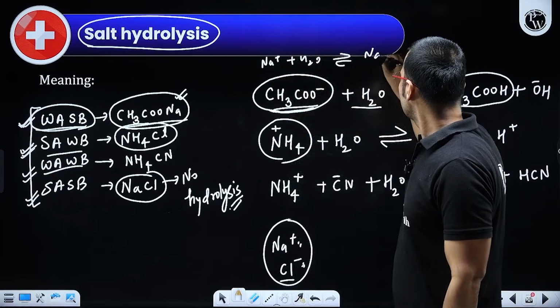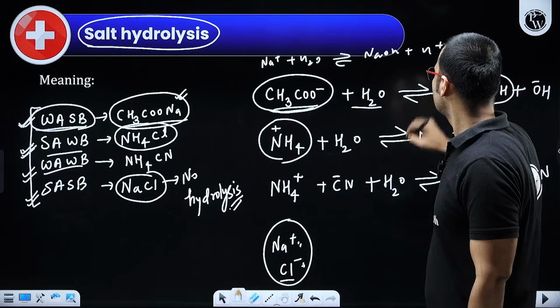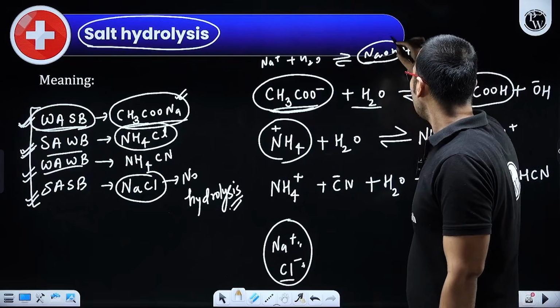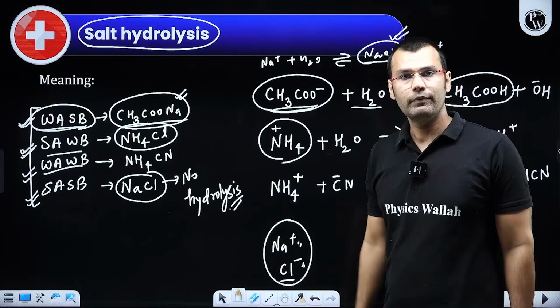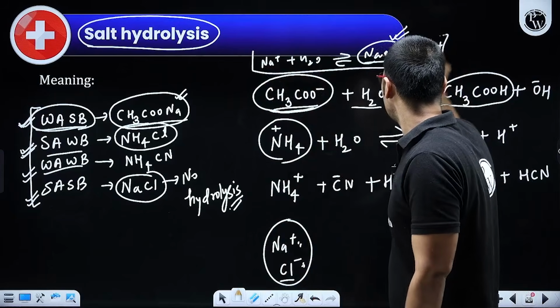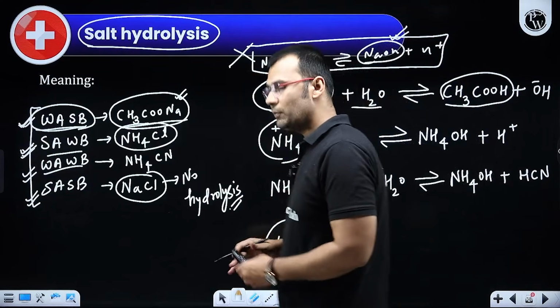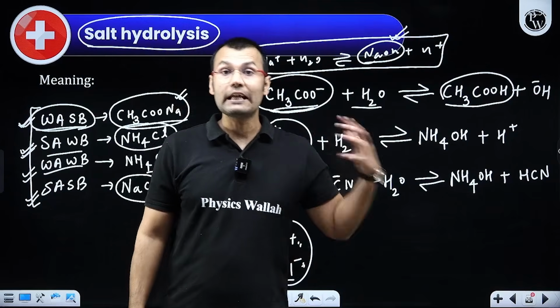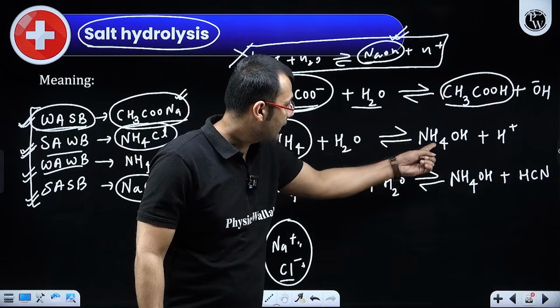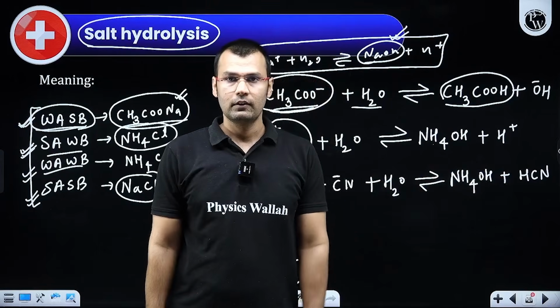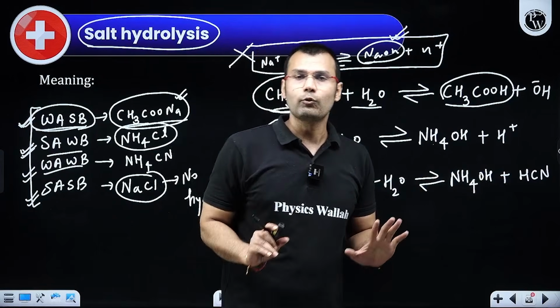I get NaOH along with H plus. NaOH can't be present in molecular form, so the hydrolysis of Na plus is not possible. Only hydrolysis of that cation or anion will be possible which can produce a weak electrolyte like acetic acid, NH4OH, or HCN.